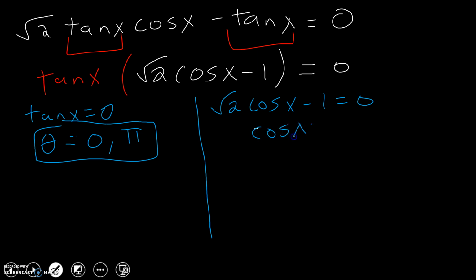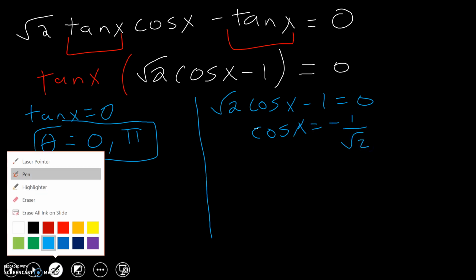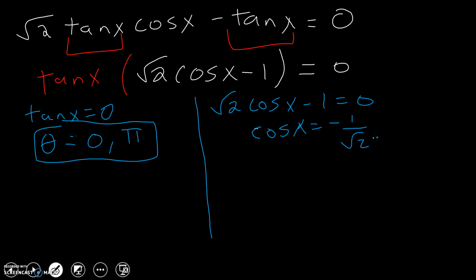So cosine of x will be equal to negative 1 over root 2. Remember, you cannot have roots at the bottom, so you have to multiply this by root 2, and you get cosine of x is equal to negative root 2 over 2.